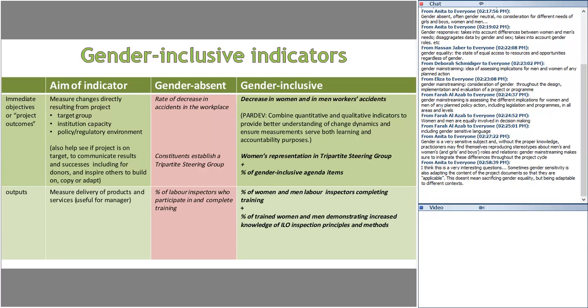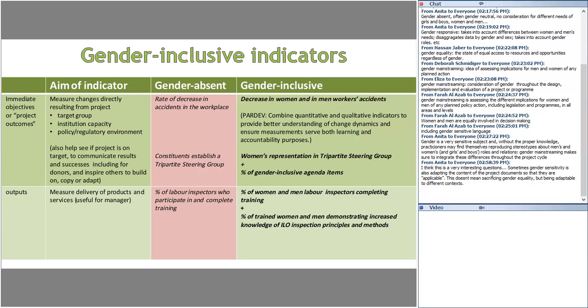On the first row going across, I've just put immediate objectives or the project outcomes. And the aim of such indicators is to help measure changes directly resulting from the project. These can be changes I can measure vis-a-vis the target group, the institutional capacity of the constituents, or the policy, regulatory, larger context.